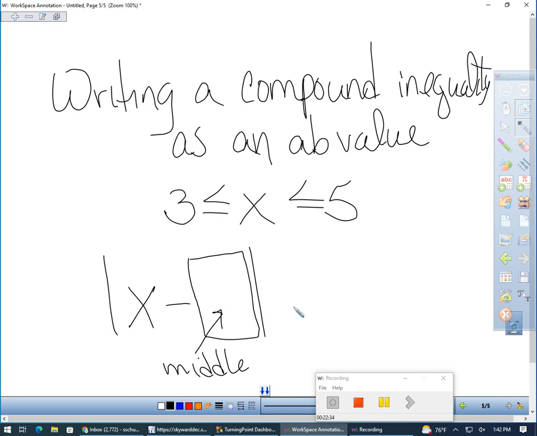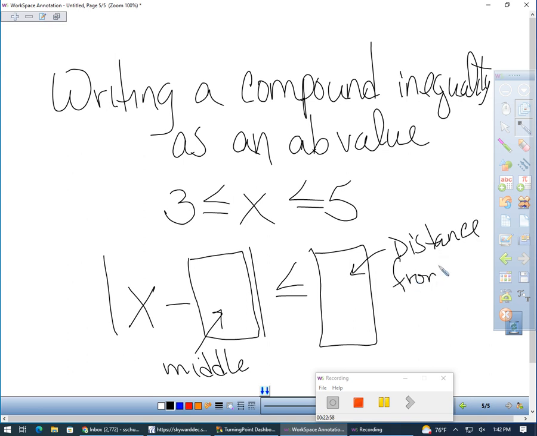So this would be a 4. Our sign, because it's an and problem, is going to be less than or equal to. The number that goes on the end is the distance from the middle to either end. Yes.